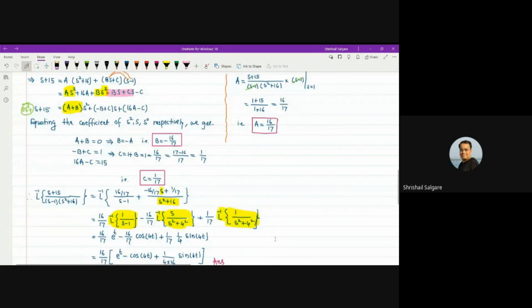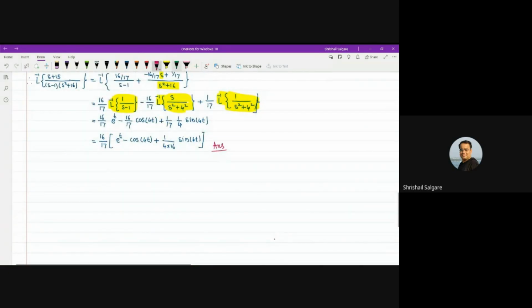What is the number? Suppose 10th. Find the inverse Laplace transform of s square plus 2s minus 4 divided by s square plus 2s plus 2, second factor s square plus 2s plus 5.